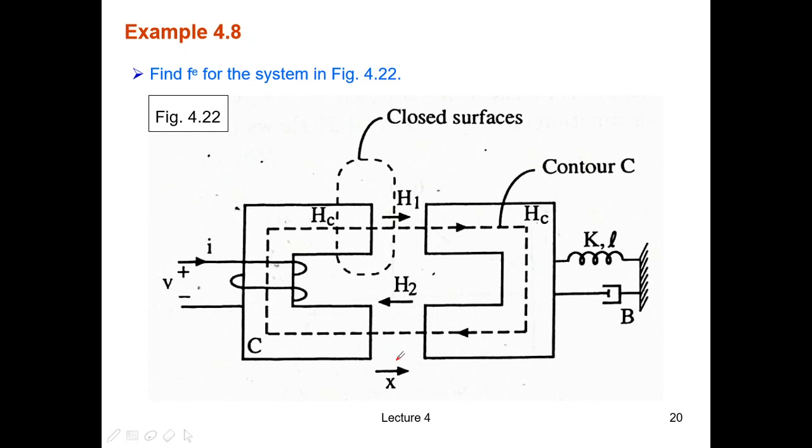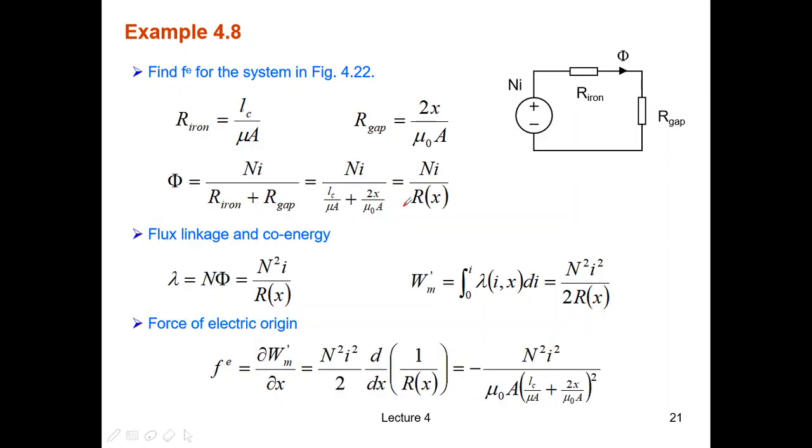So here, this one is not moving. This one is attached to something, and it stays there. It's got a coil on it, and this one can move to the left or to the right. It has a damper here and a spring here, so it can move left or right.